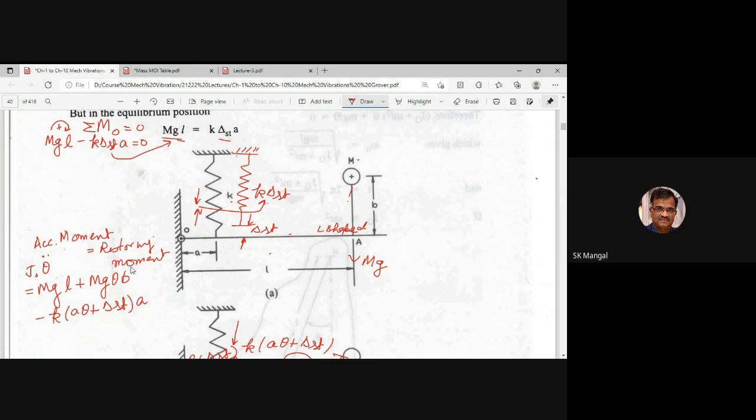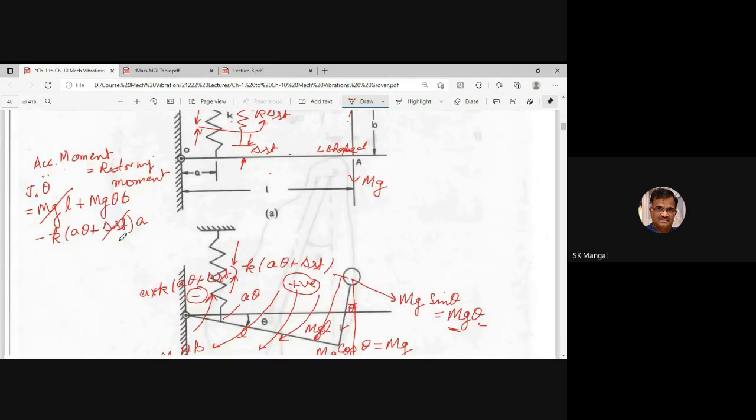So mgL will cancel out k delta st. So your equation of motion will become J theta double dot plus (ka minus mg b) into theta is equal to 0, and you are getting the same equation here.